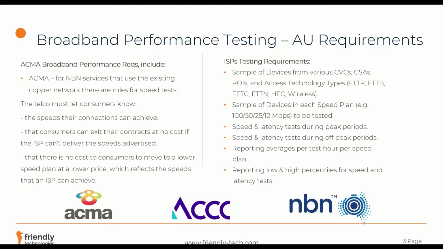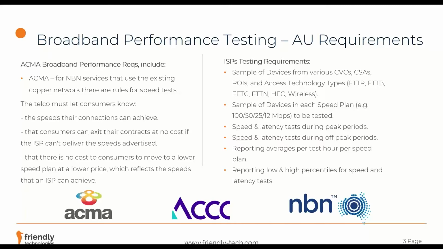So in general, there are essentially three bodies: the ACMA, the regulator here in Australia, the Competition Commission, as well as NBN, who have each had a set of their frameworks for broadband speed testing and quality assurance for consumers using the NBN service.